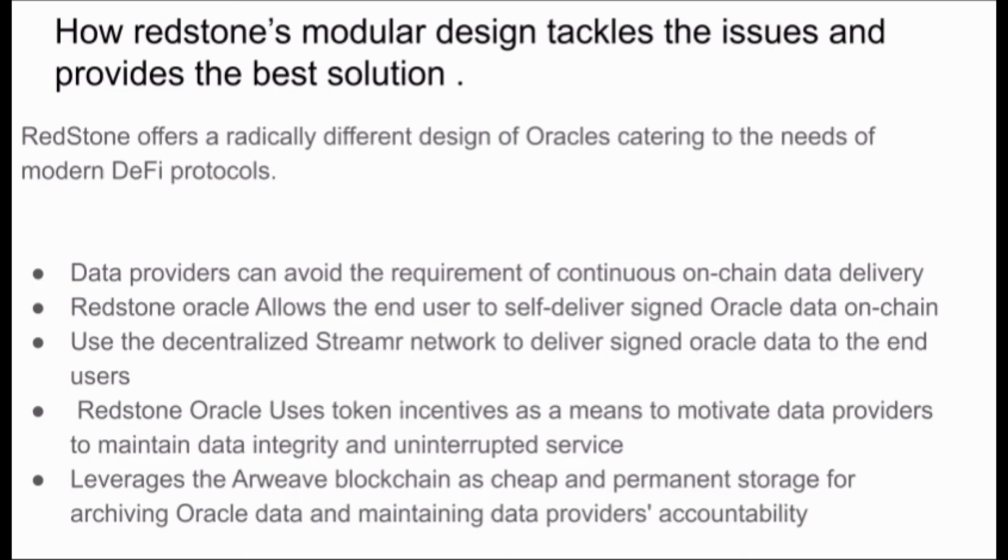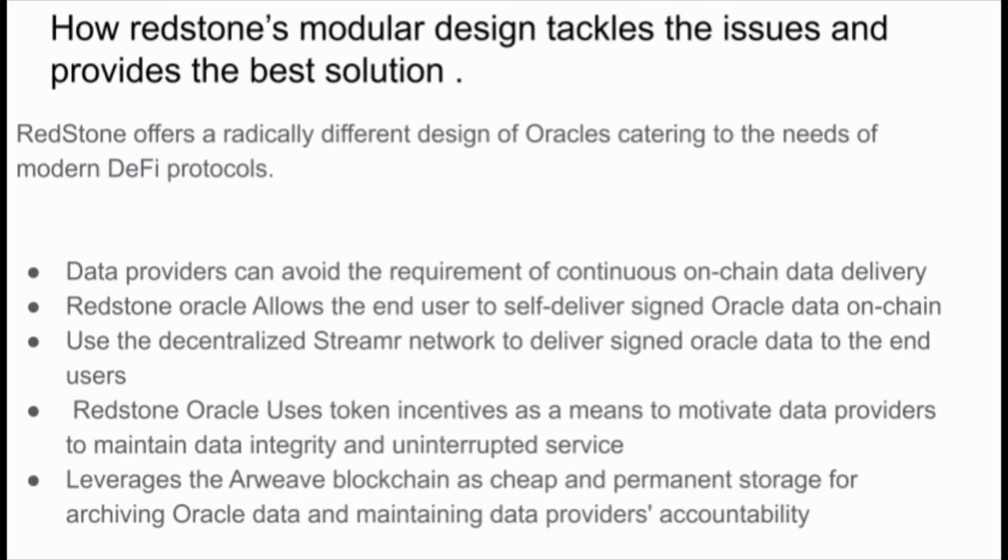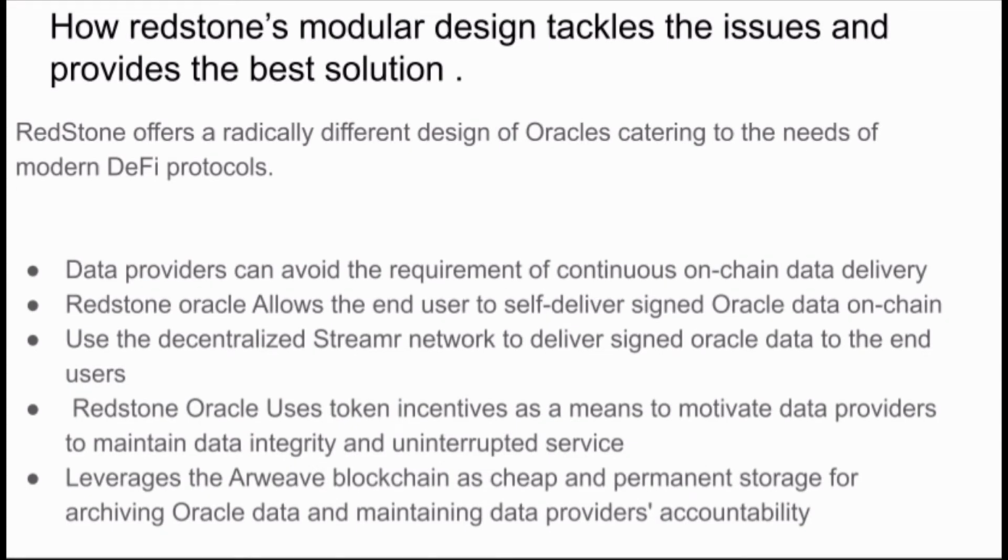Redstone Oracle allows the end user to self-deliver signed Oracle data on-chain, and uses a decentralized streamer network to deliver signed Oracle data to the end user. The next point is that Redstone Oracle uses token incentives as a means to motivate the data providers to maintain data integrity and uninterrupted services. It leverages the RWave blockchain as cheap and permanent storage for archiving Oracle data and maintaining data providers' accountability.